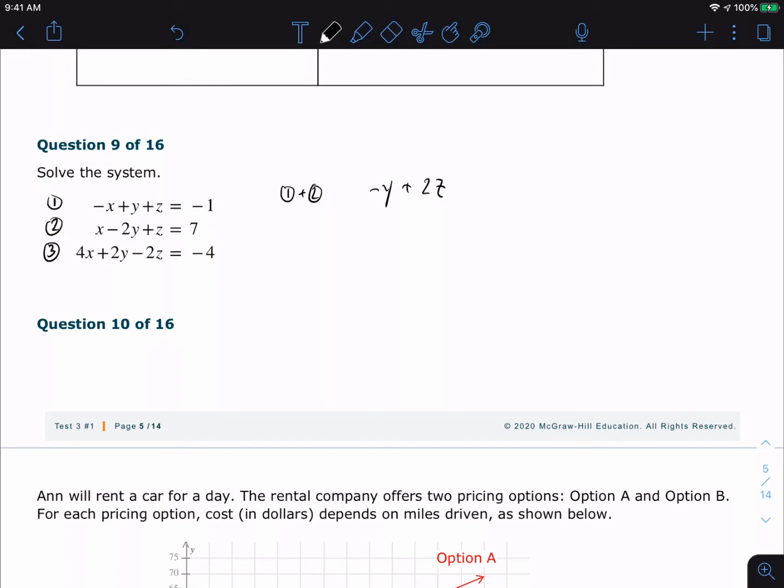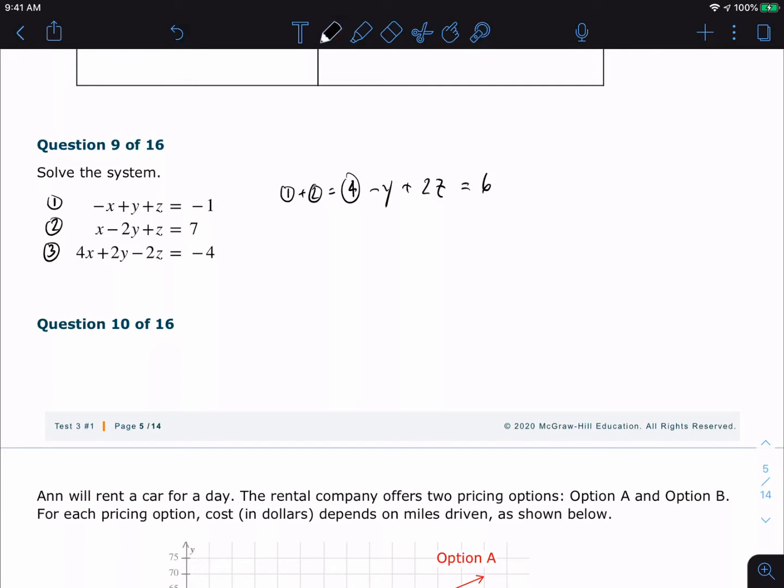And then negative 1 plus 7 is going to give me a 6. And I'm going to call this now equation number 4. Do you guys see how I got that? Yeah. So negative x plus x is 0. 1y minus 2y gives me a negative y. 1z plus 1z is going to give me 2z's. And then negative 1 plus 7 is going to give me that 6. Okay?